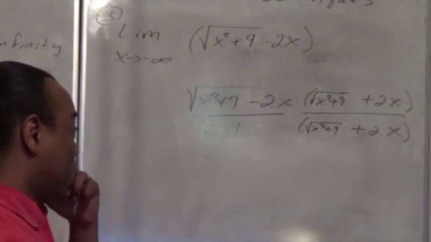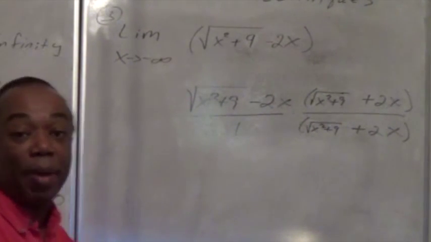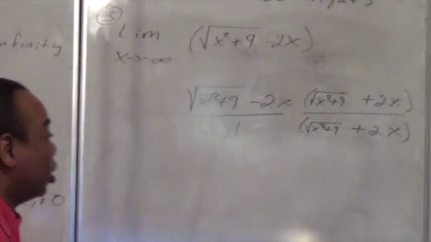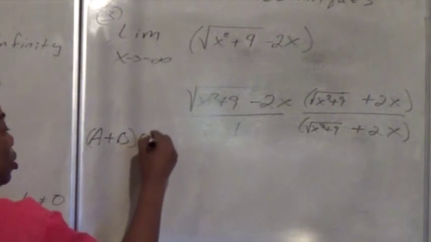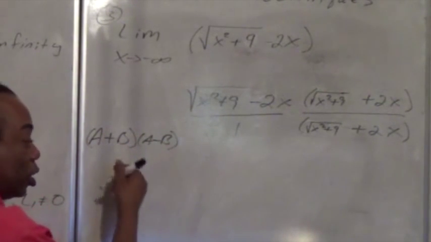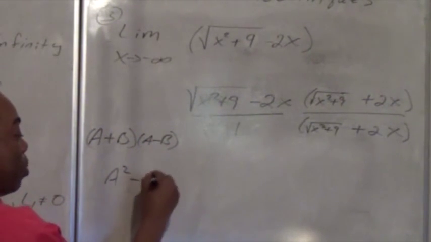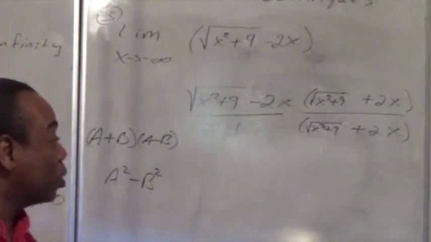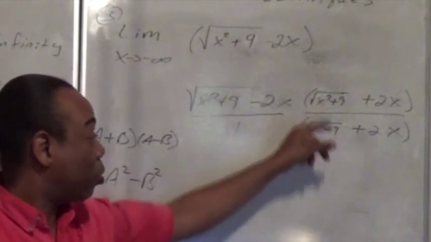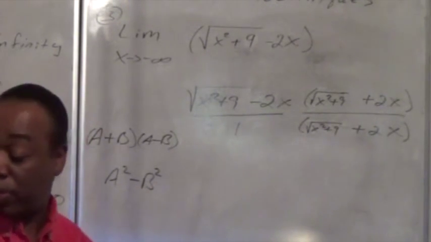Okay. Now, since I'm multiplying conjugates, I'm going to get the difference of two squares. Again, when I multiply a plus b times a minus b, which are conjugates, I'm going to get a squared minus b squared as a result, which is called the difference of two squares. So, in the numerator, let's find the difference of the two squares.